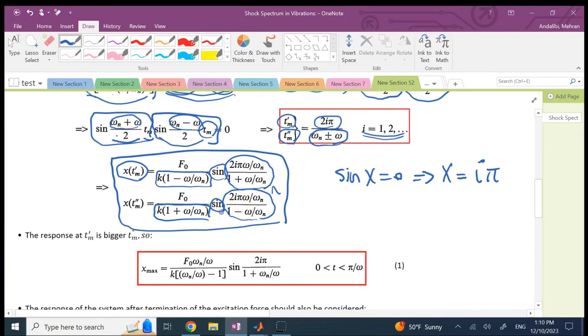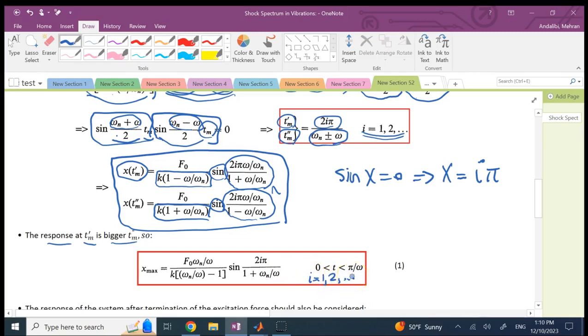At best it can be 1. So at t prime, the solution is generally bigger than t double prime, so we choose the top one, and this is the solution of the top one in general, where again, i here is 1, 2, and all the way.